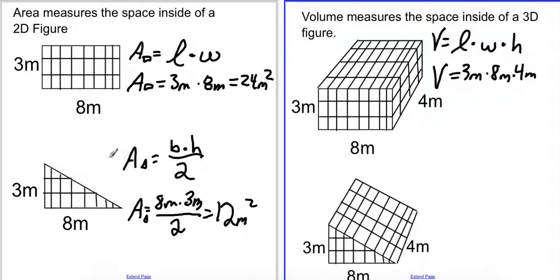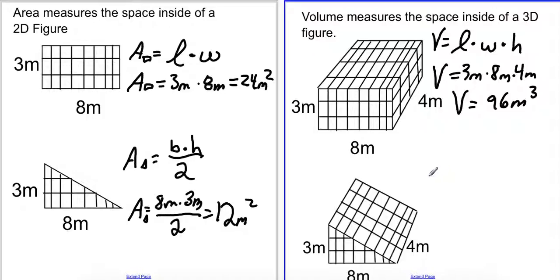Let me solve this first. So 3 times 8 is 24 meters, and 4 times 24 is going to give me 96 meters cubed. Because you can see we're multiplying 3 times 8, and then this answer times 4 gives us a cubed value.